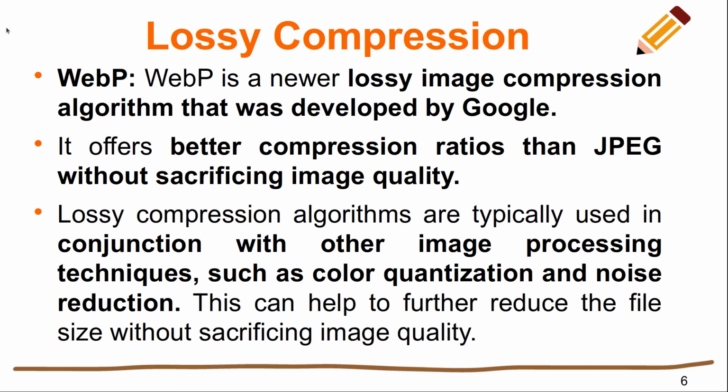WebP. WebP is a compression algorithm developed by Google. It has a better compression ratio than JPEG without sacrificing image quality, so it is better than JPEG images. Lossy compression is typically used in conjunction with other image processing techniques to improve the image quality.